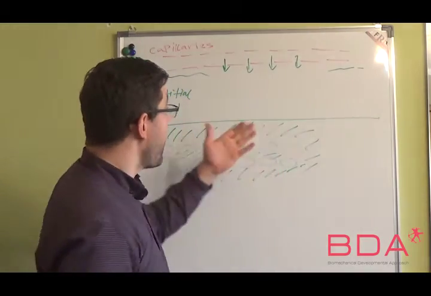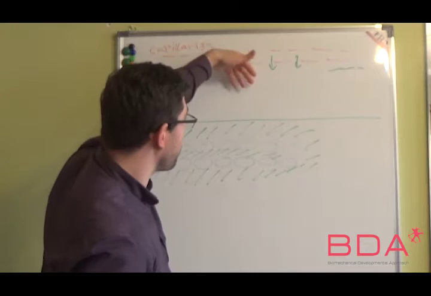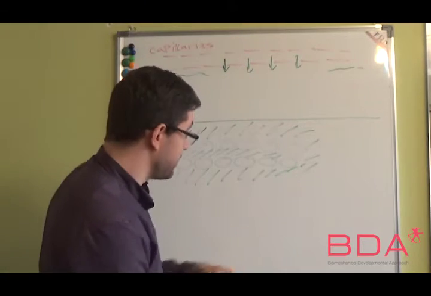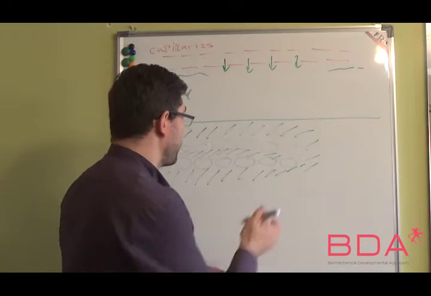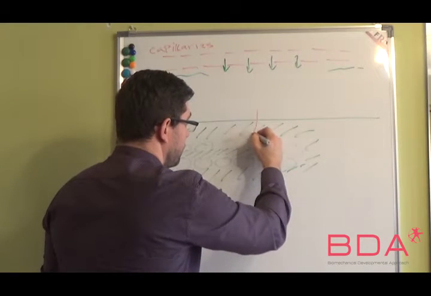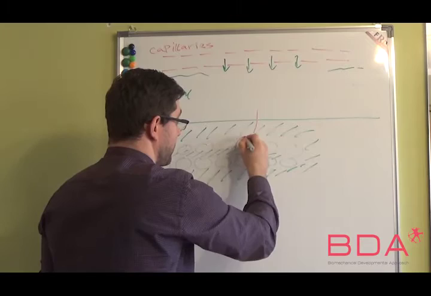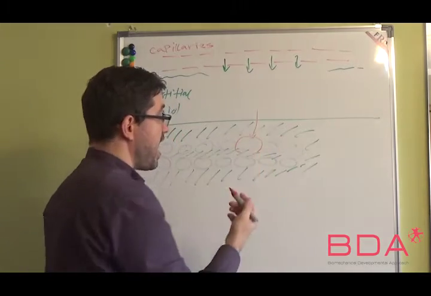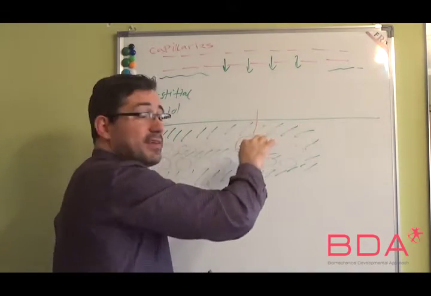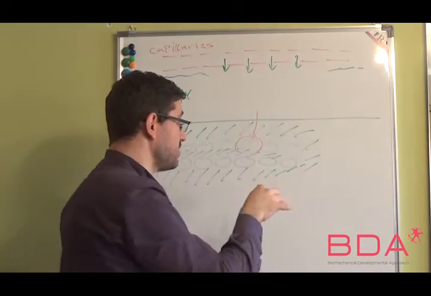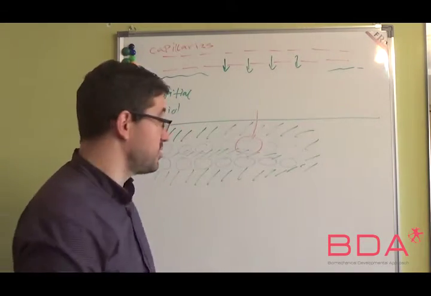All these materials go through the interstitial fluid and get to the cells. The cells have membranes, and the materials can get into the cells, depending on what the cell needs.